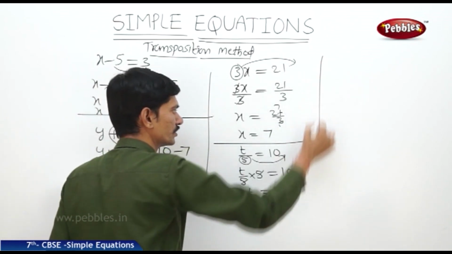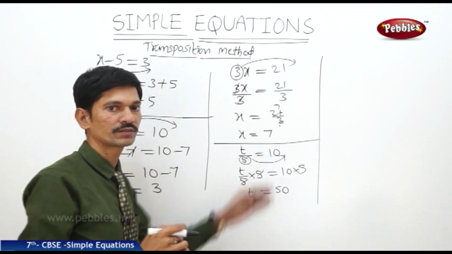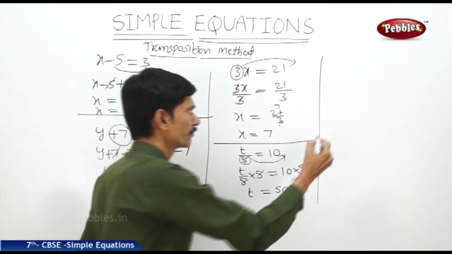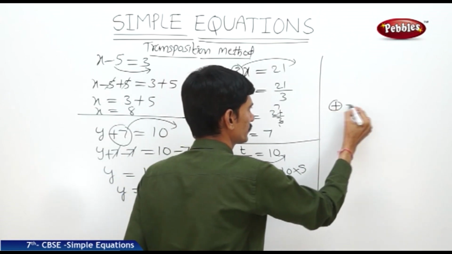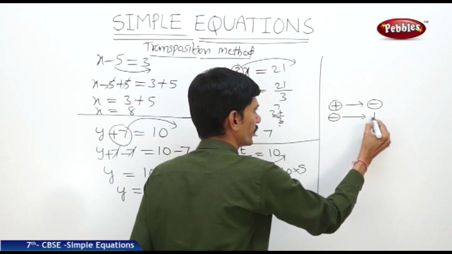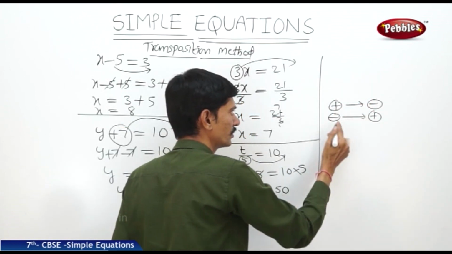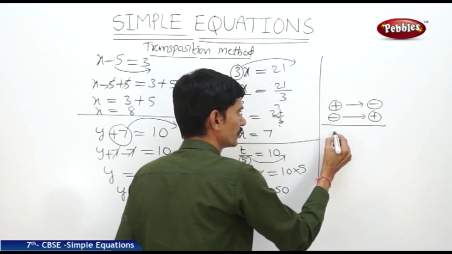So when you change the side of a term from one side to the other side, the plus sign will become minus sign and the minus sign will become plus. So addition becomes subtraction and subtraction becomes addition.